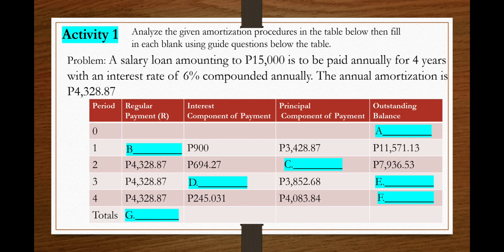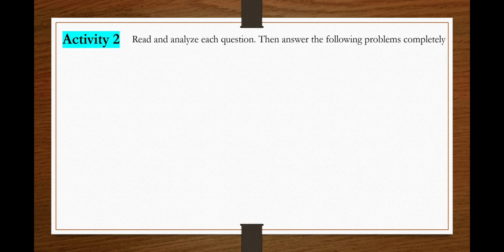And then to find letter G, you're going to find the total of all the regular payments. So add all the regular payments. And then for letter H, the total of the interest component of payments. So you're going to add all the interest components of payment. Same with letter I, add all the principal.